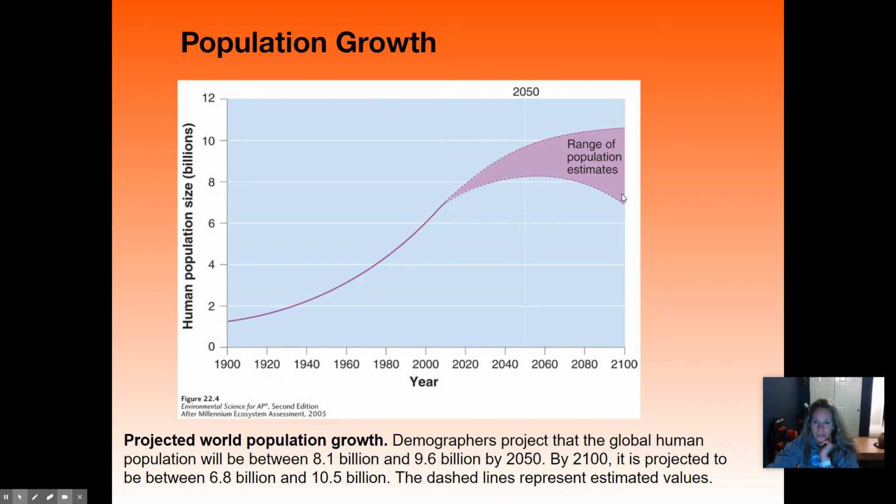So that range is somewhere between 7 billion and maybe slightly over 10 billion. And like I said, scientists disagree on this because there's lots of factors. If we were to not be wasteful and use only what we need, we could be way up here. If we continue to use the way we do, we've already probably maxed out our carrying capacity. So somewhere in this range, depending on our use of resources.